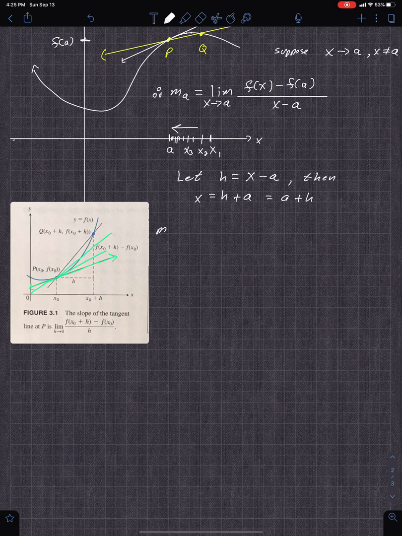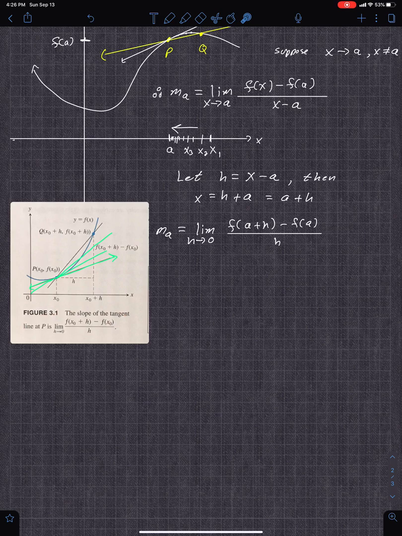And then we can write the slope of the tangent line at a as the limit of f of a plus h minus f of a, all over h, as h approaches 0. So the only difference is my a is now going to be x naught in their definition down here. You just need to see how that's exactly the same thing, and then your a is just x naught.